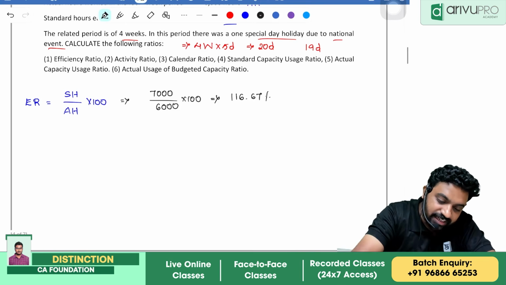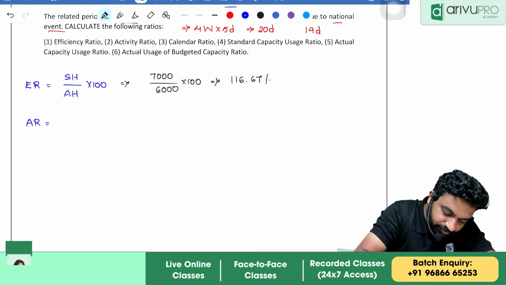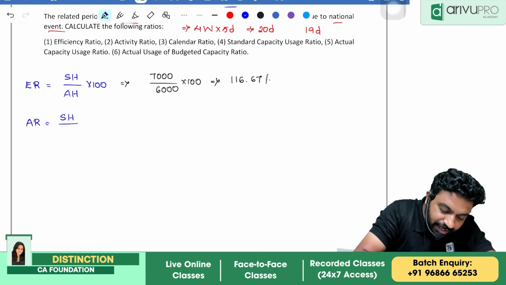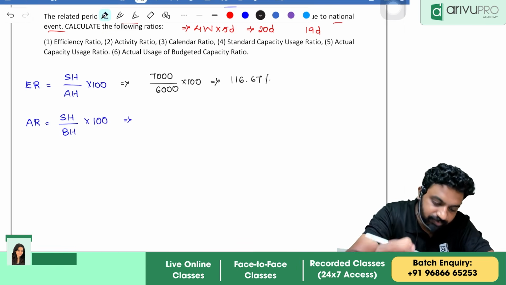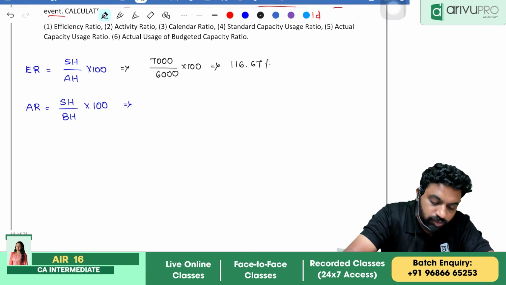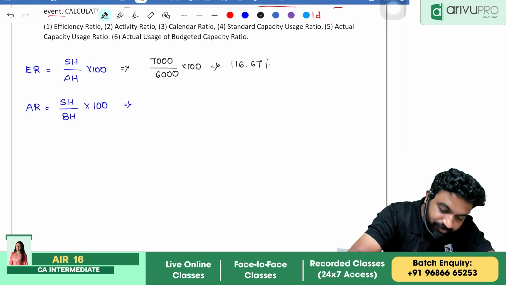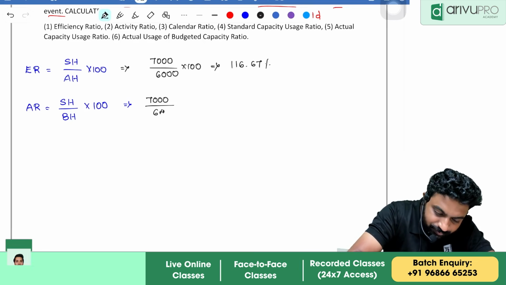Done. Activity ratio. Standard hours by budgeted hours into 100. Now, standard hours are 7,000. Budgeted hours are 6,400.